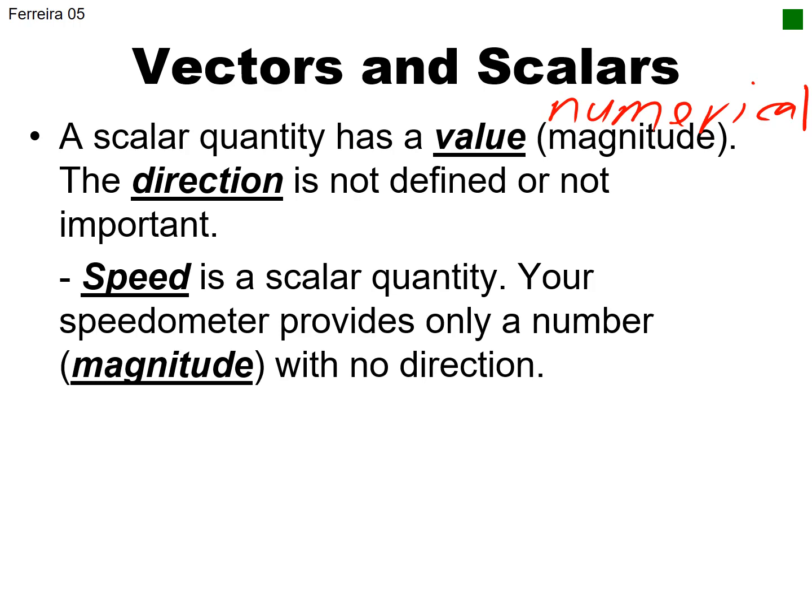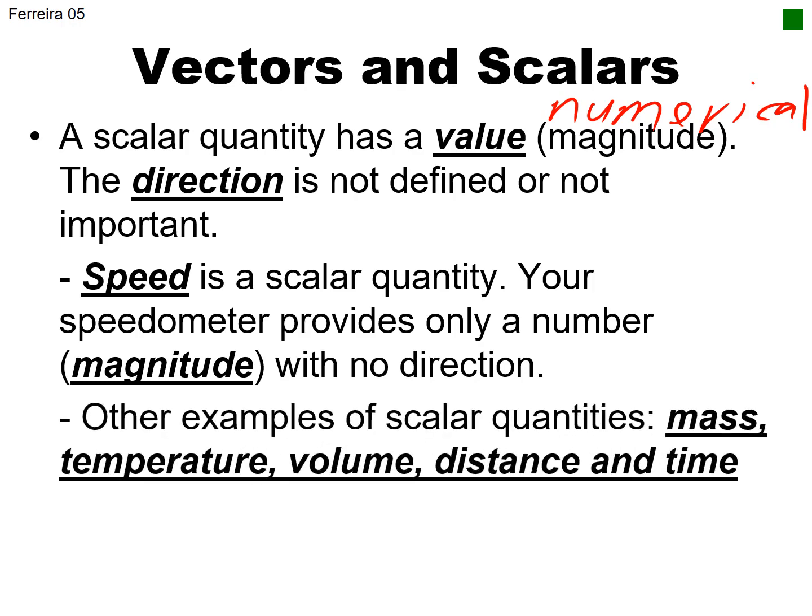My car doesn't tell me what direction I'm going. It just tells me how fast. Fancier cars will tell you how fast, and then they'll have another component that tells you the direction. Okay. Other examples of scalar quantities are mass, temperature, volume, distance, and time. So all of those quantities are fully described just by a number.